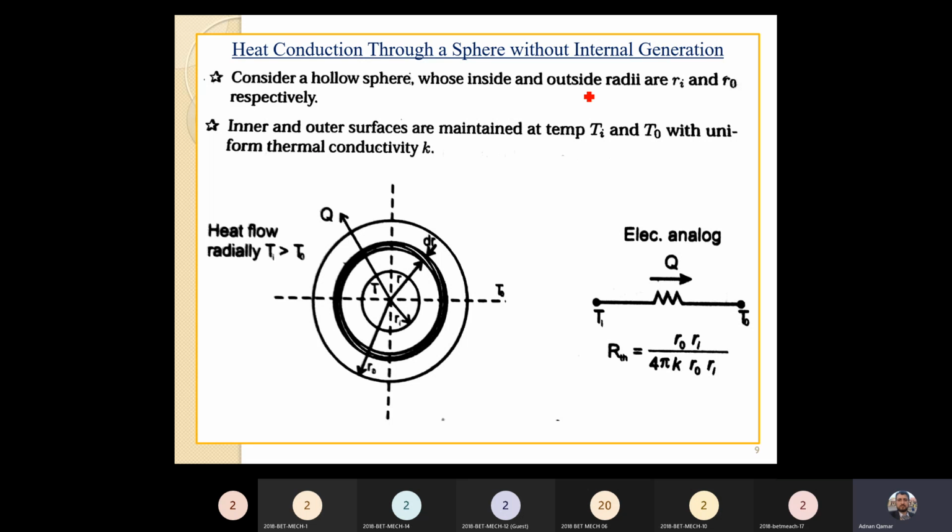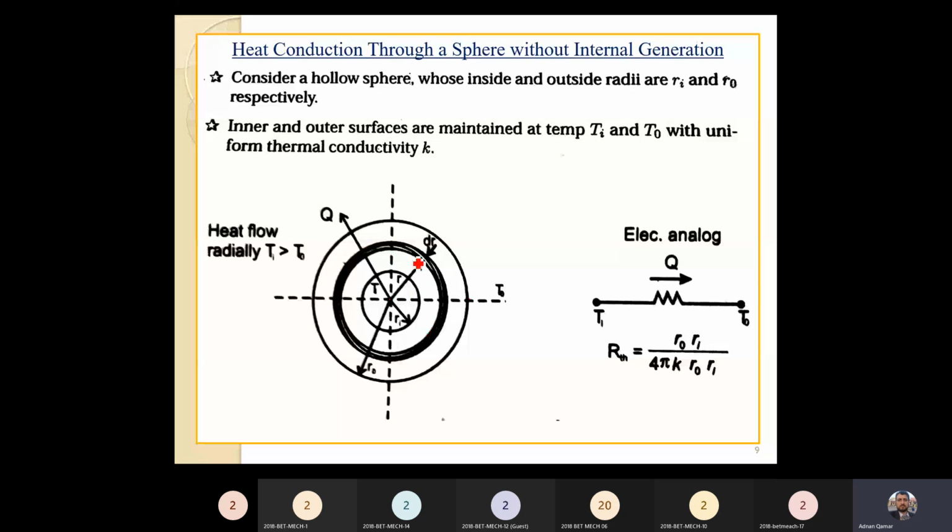Consider a hollow sphere whose inside and outside radii are Ri and R naught respectively. Inner and outer surfaces are maintained at temperatures Ti and T naught with uniform thermal conductivity k. So we have a sphere whose inner surface is maintained at temperature Ti and outer surface temperature is maintained at T naught, and there is no internal heat generation. The thermal conductivity is constant.